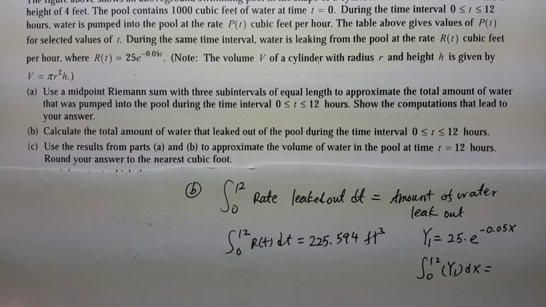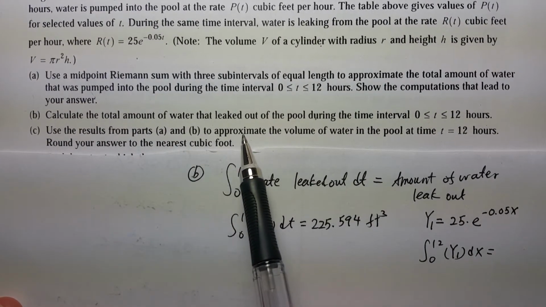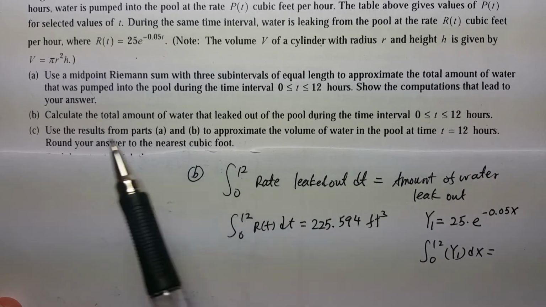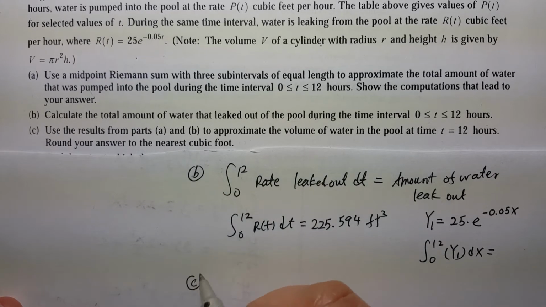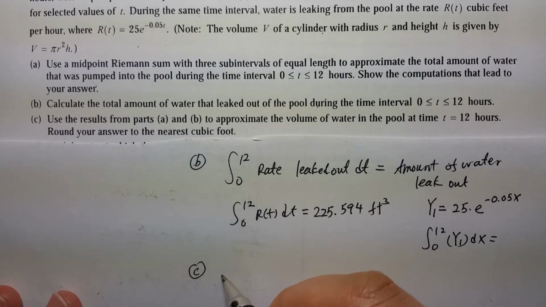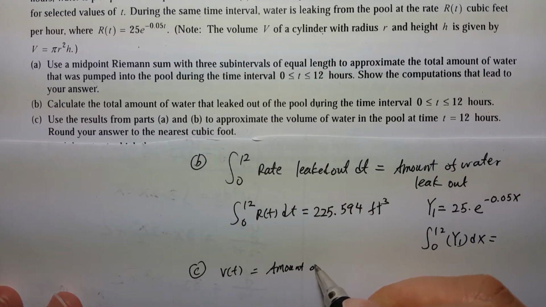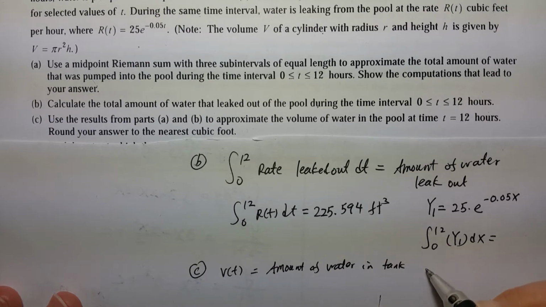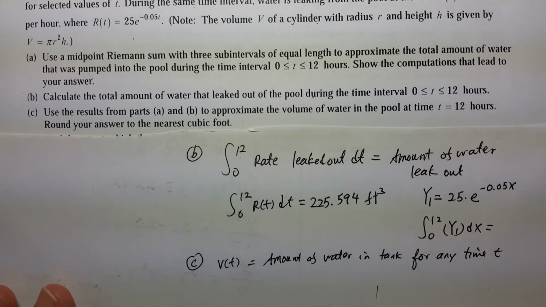Part C says to use the result from part A and part B to approximate the volume of water in the pool at t equal to 12 hours. Round your answer to the nearest cubic foot. We already used V of t as the amount of water in the tank for any time t, as we discussed at the beginning of the question.